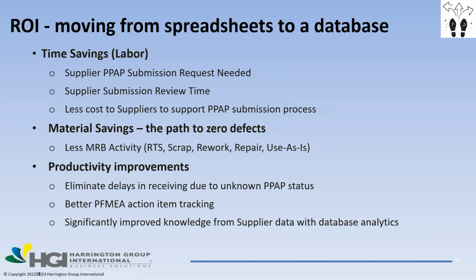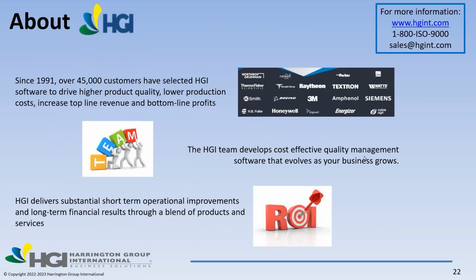I can't emphasize enough better PFMEA action item tracking, and significantly improved knowledge from supplier data with supplier analytics. A little bit about Harrington Group. We have been in business since 1991 with 45,000 customers using the tool. Our team is focused on cost-effective quality management software that evolves as your business grows.